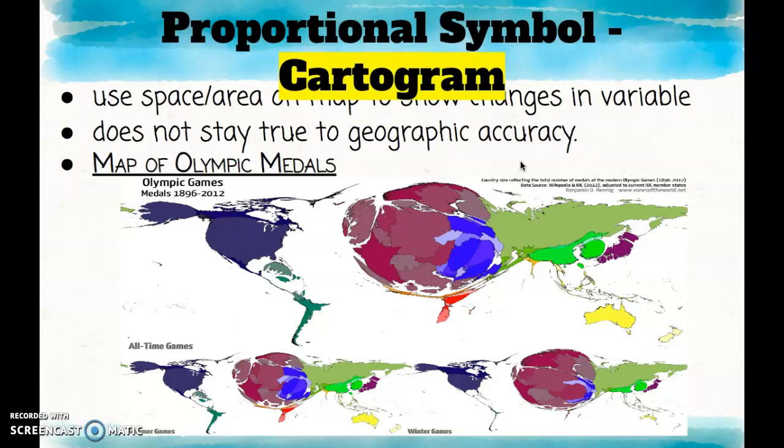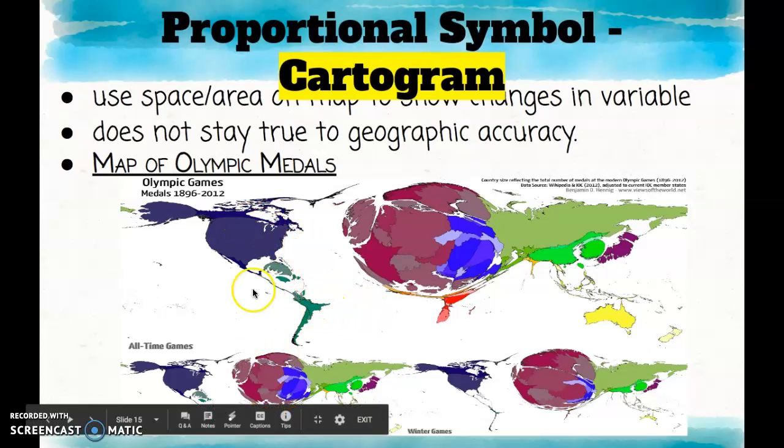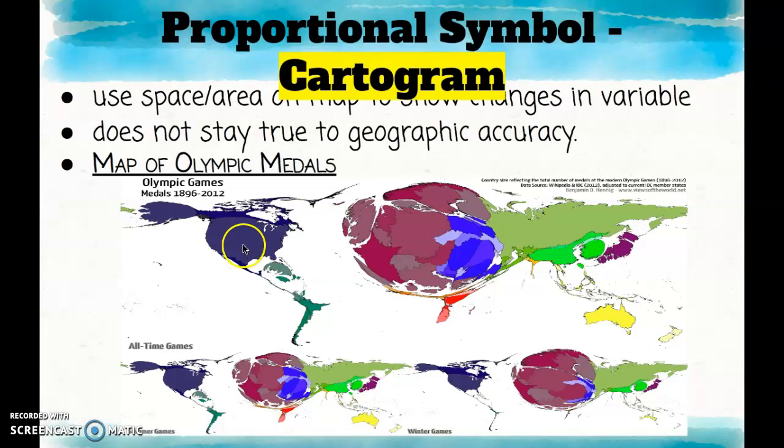Okay, so the next one is a cartogram, and with cartogram maps, it looks like somebody just kind of stretched this map out, but it's actually purposefully created this way. A cartogram uses the space on the page to show changes in a variable. So this is not geographically accurate at all, okay? But you can see that these maps here show Olympic game medals. And you can tell by the size of a country whether they have more or fewer medals.